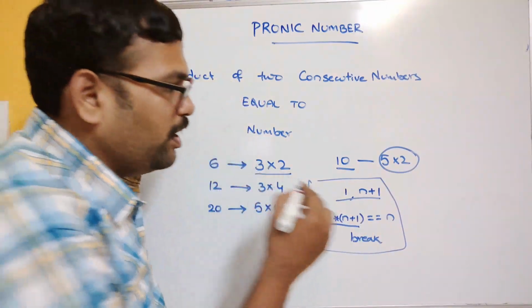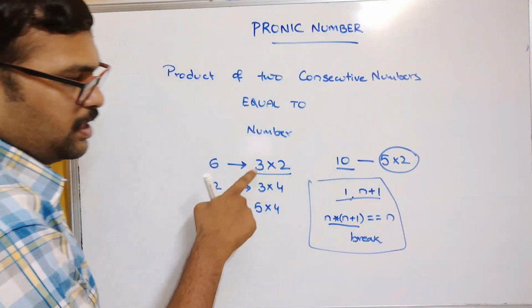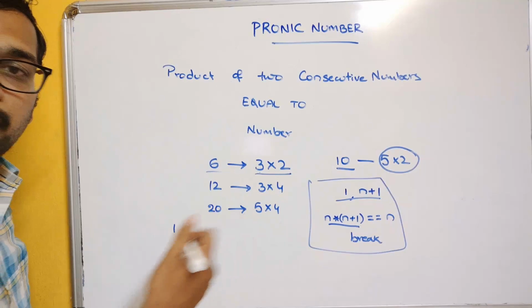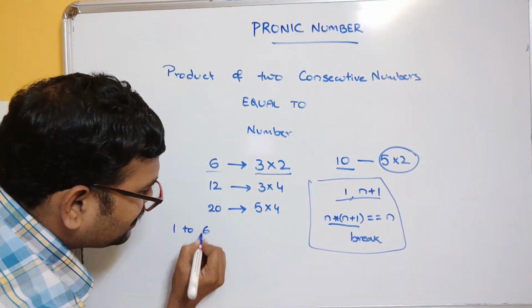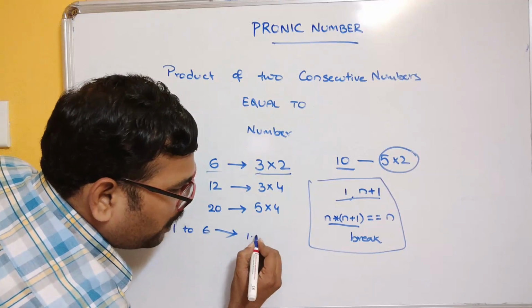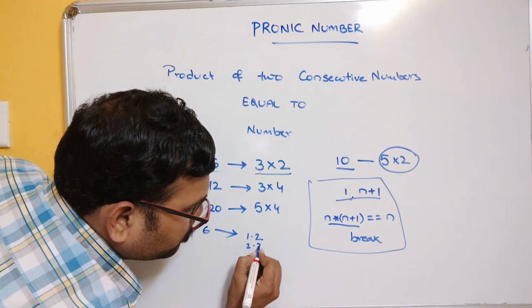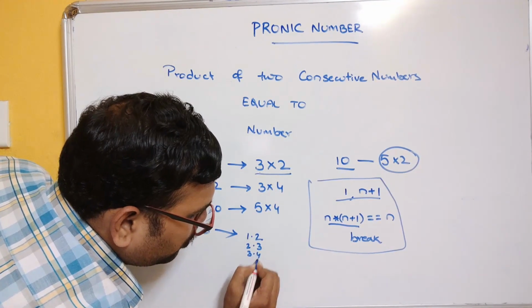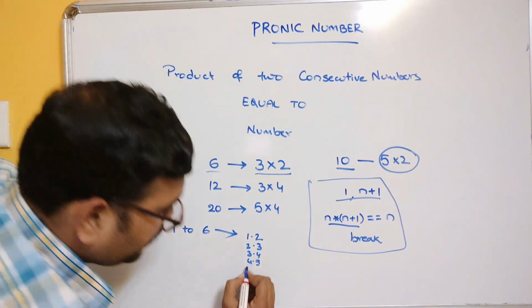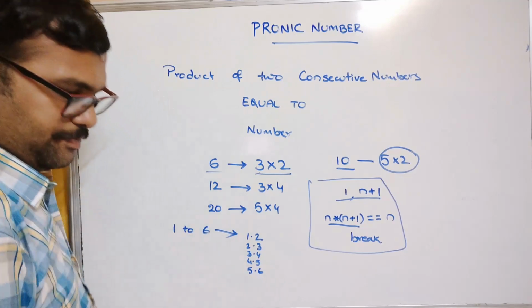That means if you consider this one, say 6, we need to start iterating from 1 to 6. So iterating 1 to 6, we need to find out the product 1 into 2, 2 into 3, 3 into 4, 4 into 5, okay, next 5 into 6.